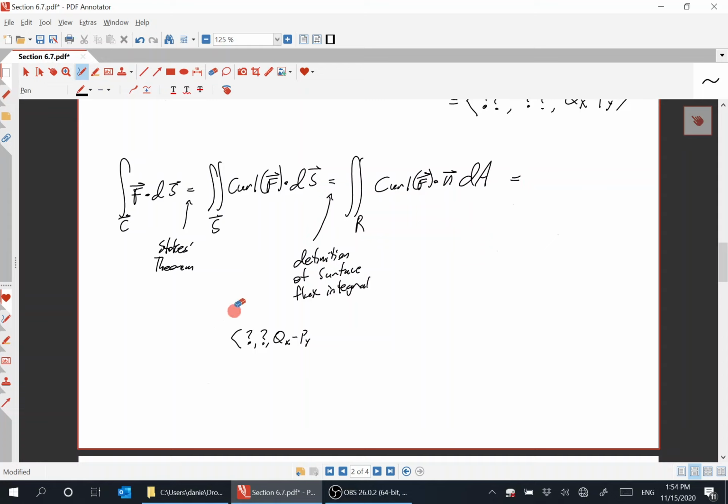So this is equal to, just from what we have here, double integral over R.